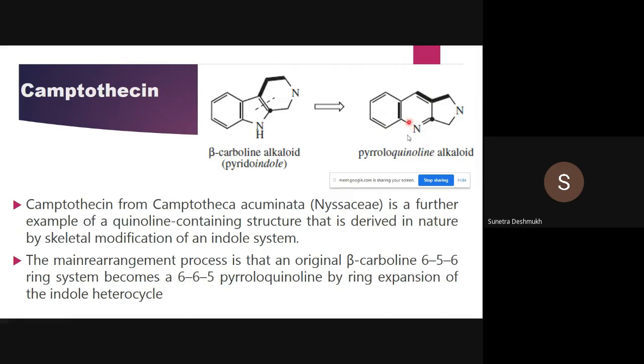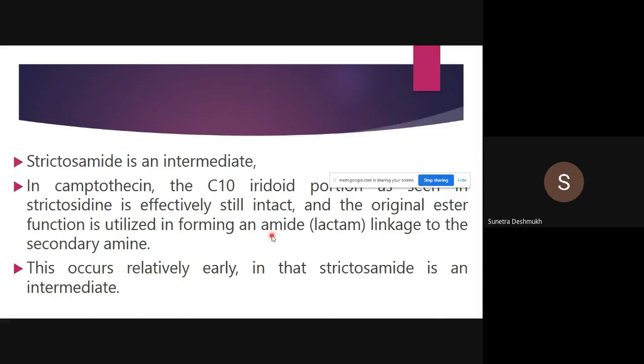And this pyrroloquinoline alkaloid will be the basic moiety in the case of camptothecin. In the biosynthesis of camptothecin, strictosamide acts as an intermediate, synthesized from strictosidine.